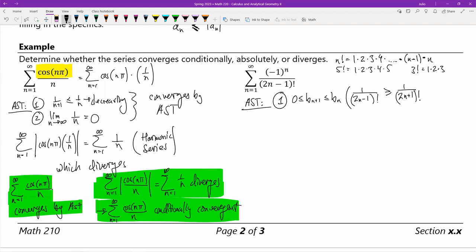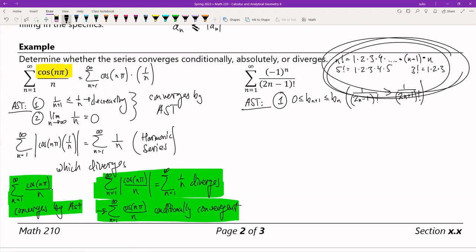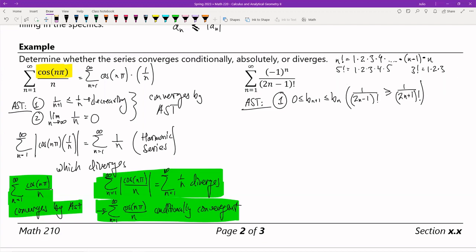To show this, it's a little bit of manipulation of the definition of the factorial. Does that make sense? Let me explain how. I'm going to show you in general.